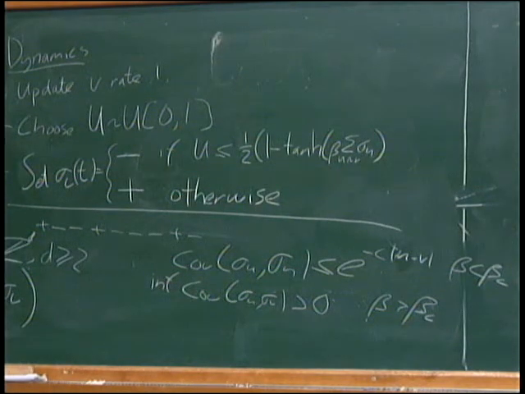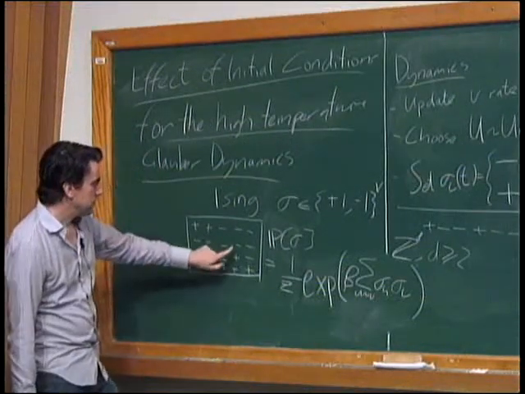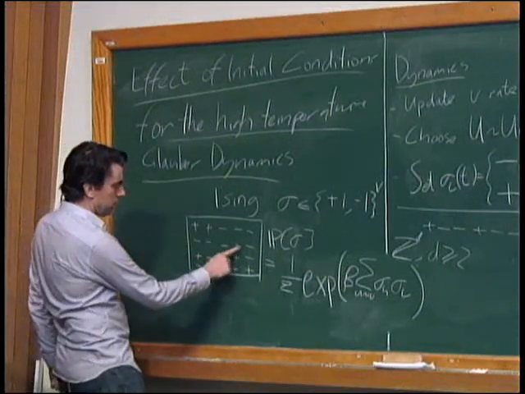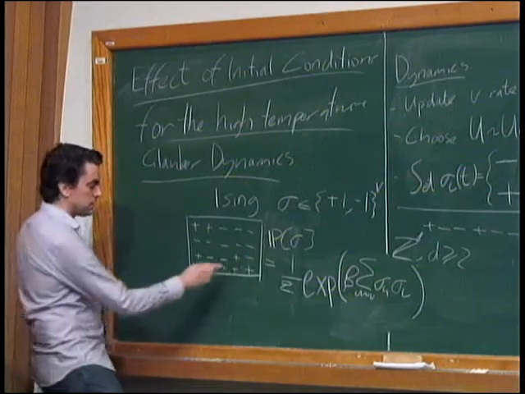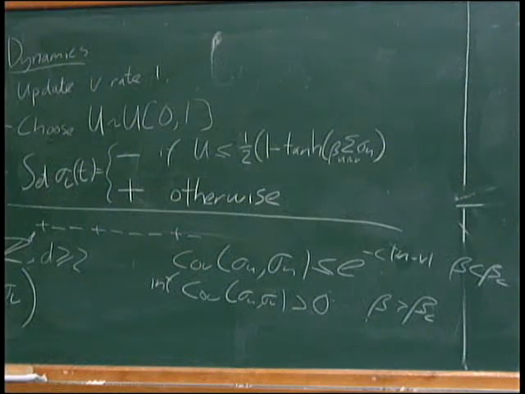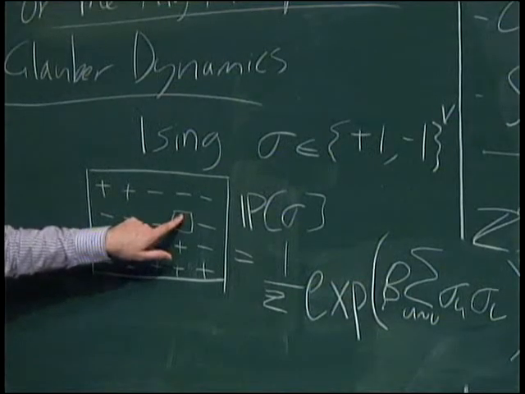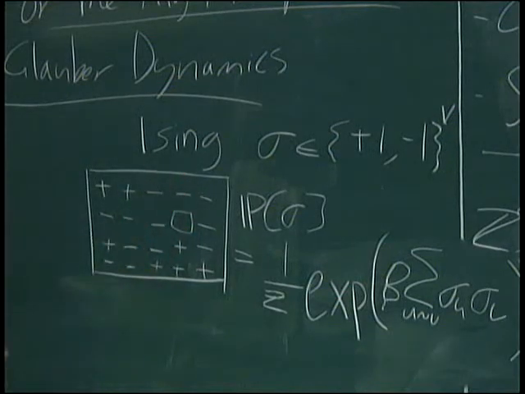So for each vertex, there'll be a rate 1 exponential clock. And so when the clock rings, let's say on this vertex, we'll update the spin. So we'll delete its current value, and then calculate the conditional distribution given the rest of the configuration.